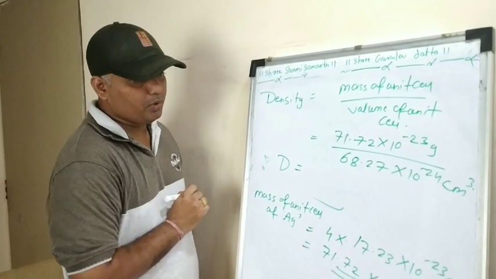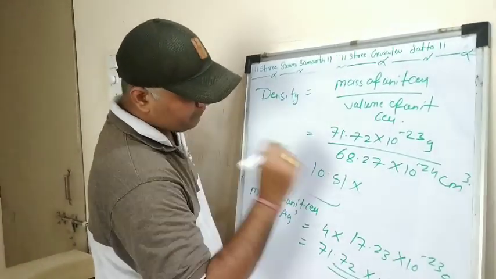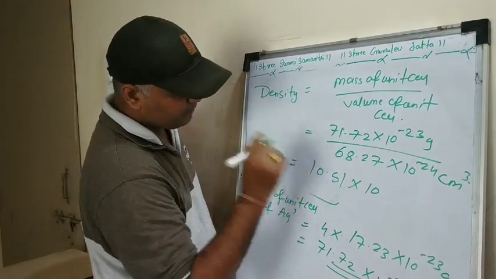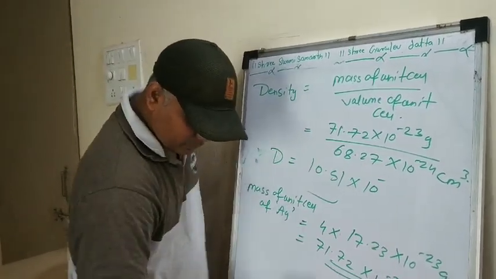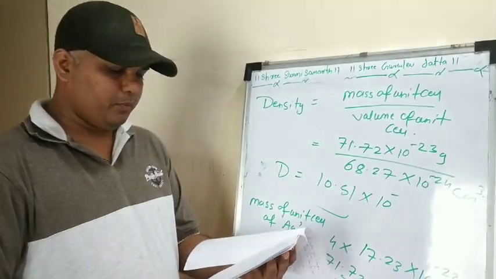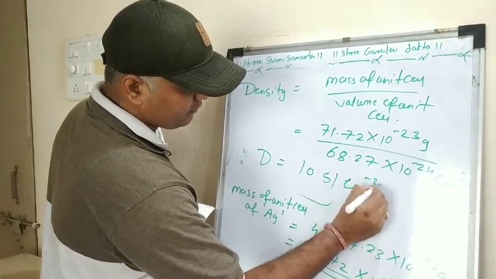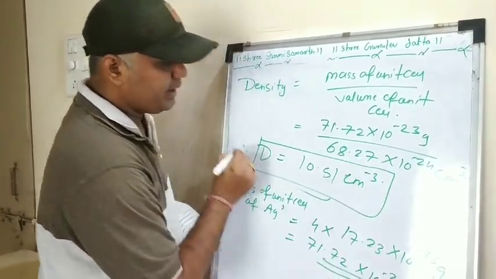Density will be equal to 10.51 into 10 raised to minus 1. Let us see. 10.51 gram per centimeter cube. So this will be the density, right?